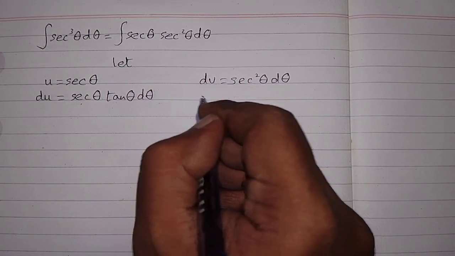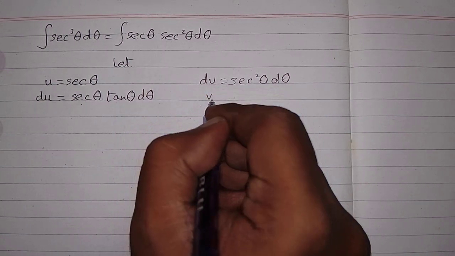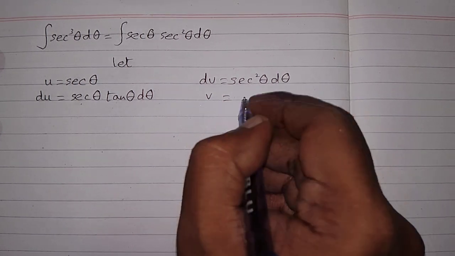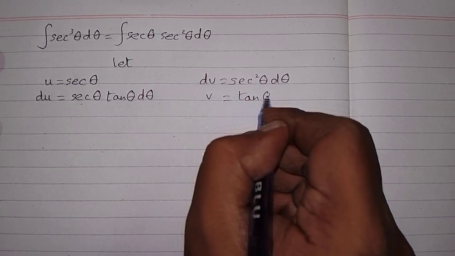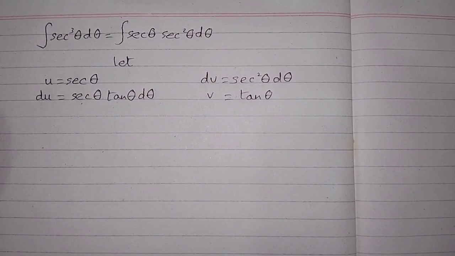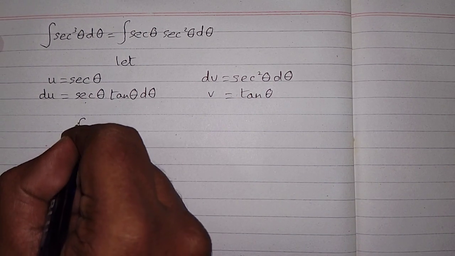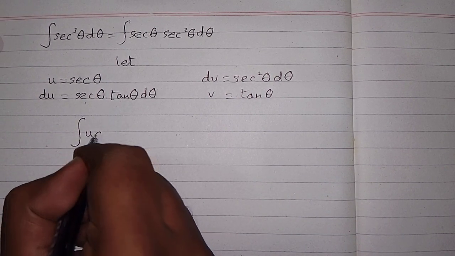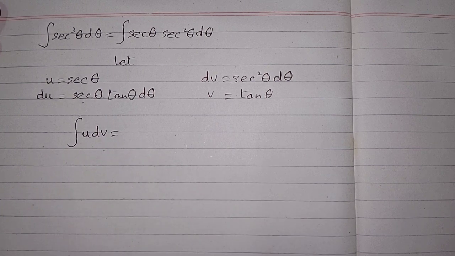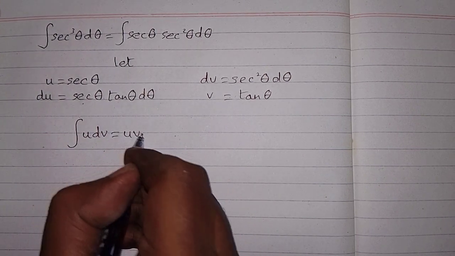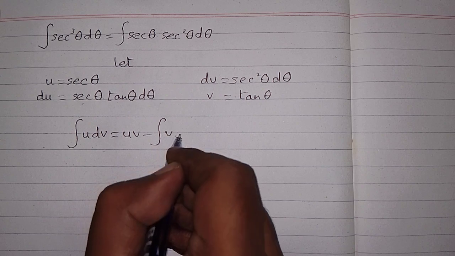Now integrate both sides, so we have integral of dv is v and the integral of sec square theta is tan theta. Now we will apply the formula integral of u dv is equal to uv minus integral of v du.